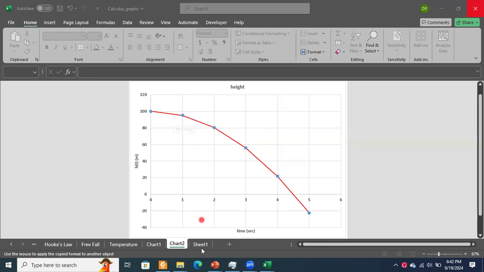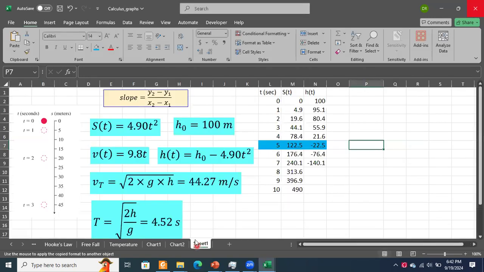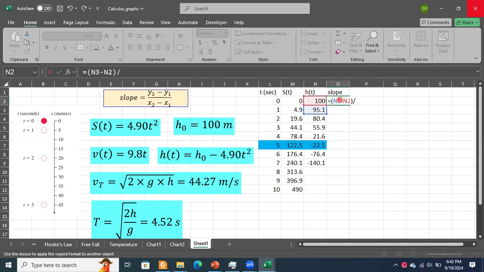So let's do these calculations. So slope. The slope requires 2 points. So for the first segment, the slope will be the change in the ordinate value per unit change in the abscissa value.